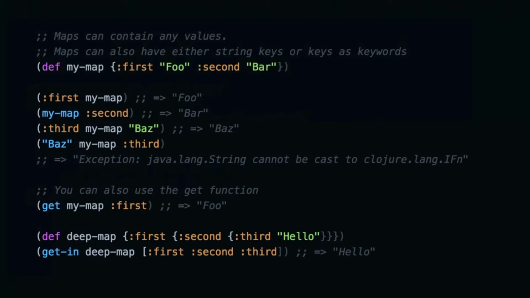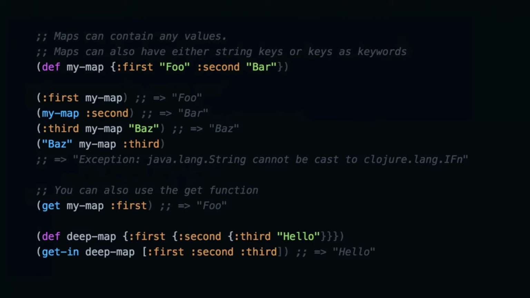How do you actually read a map then? You would just put the keyword. You could either use the get function, or you could just use the shorthand, which is the get shorthand. You just put the keyword and then the map. You would then read the value of that key. Although you can also interchange. You could either have the keyword as the last thing and the map as the first. Although there might be unexpected things if you have strings as keys.